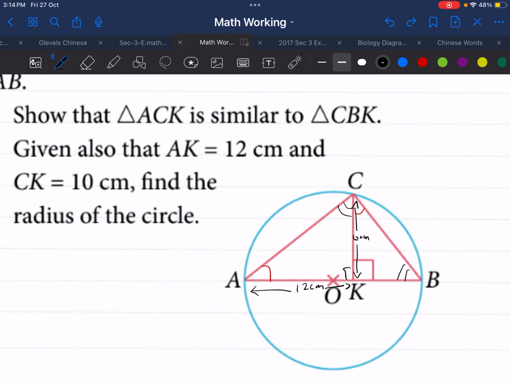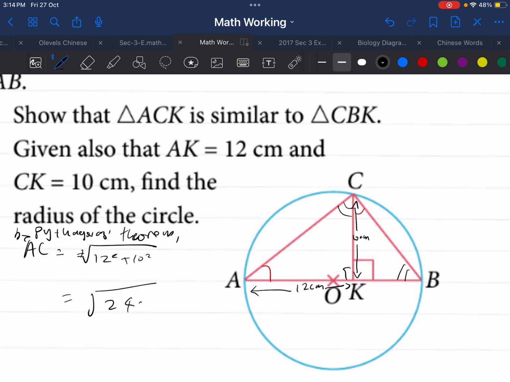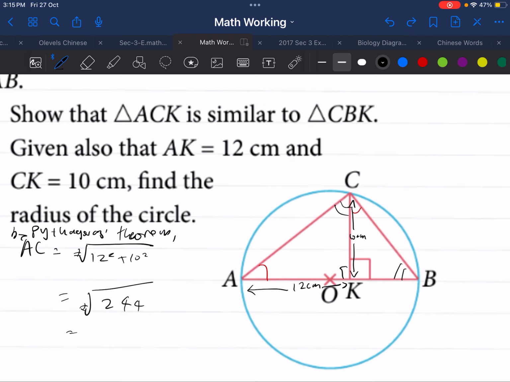Find AC by Pythagoras theorem. AC will be equal to plus minus the square root of 12 squared plus 10 squared, which is 144 plus 100, 244. I use my phone calculator: square root of 244 is plus minus 15.620499, and so on. Don't round off, just truncate. Just plus now, don't do the minus.